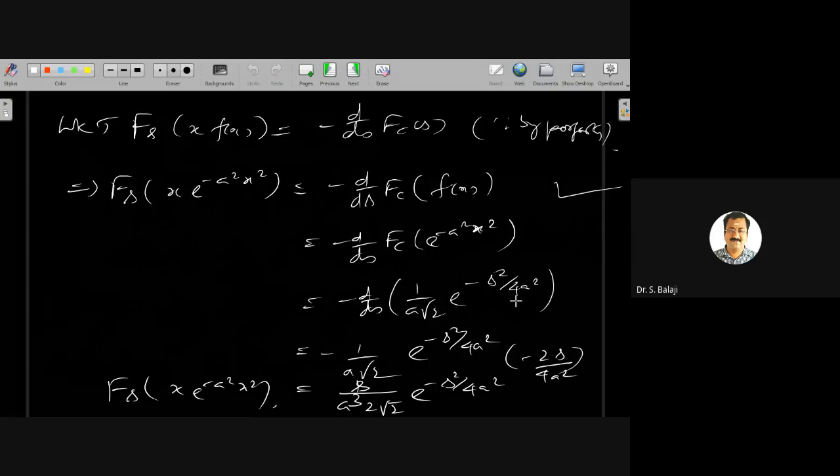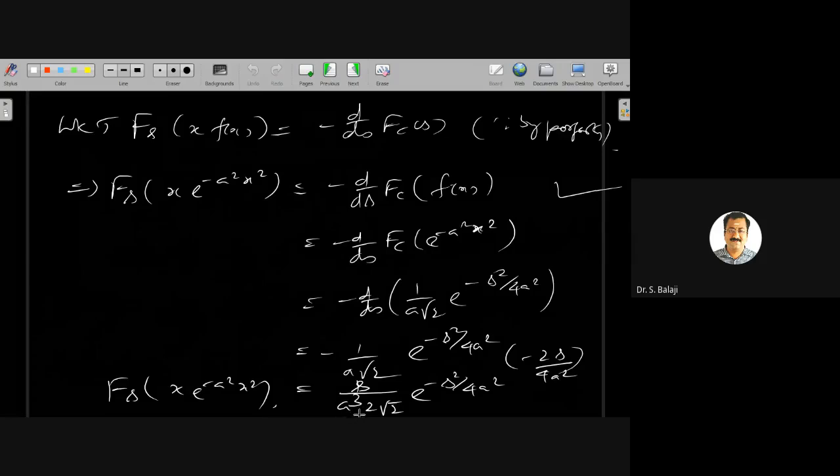Now differentiate this with respect to s. 1 by a root 2 as it is, the exponential differentiation is the exponential e power minus s square by 4a square, and the differentiation of the exponent with respect to s is minus 2s by 4a square. For cancelling, 2 and 1 by 2 root 2, and a square becomes a cube here. The s is also outside, minus minus plus.